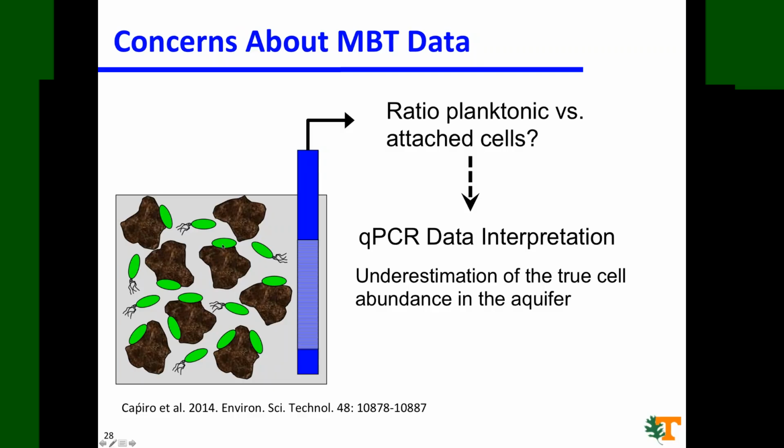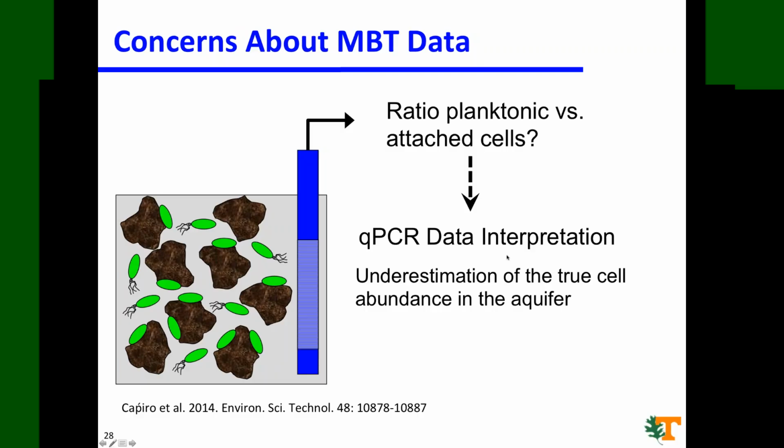There are also cells that are attached to solids, the same cells. You will not get those when you sample groundwater. The point is, when you sample groundwater, you do not sample all the organisms that you're interested in from the aquifer. You only sample those that are in the groundwater, not those that are attached to solids. So how does this affect qPCR data interpretation?